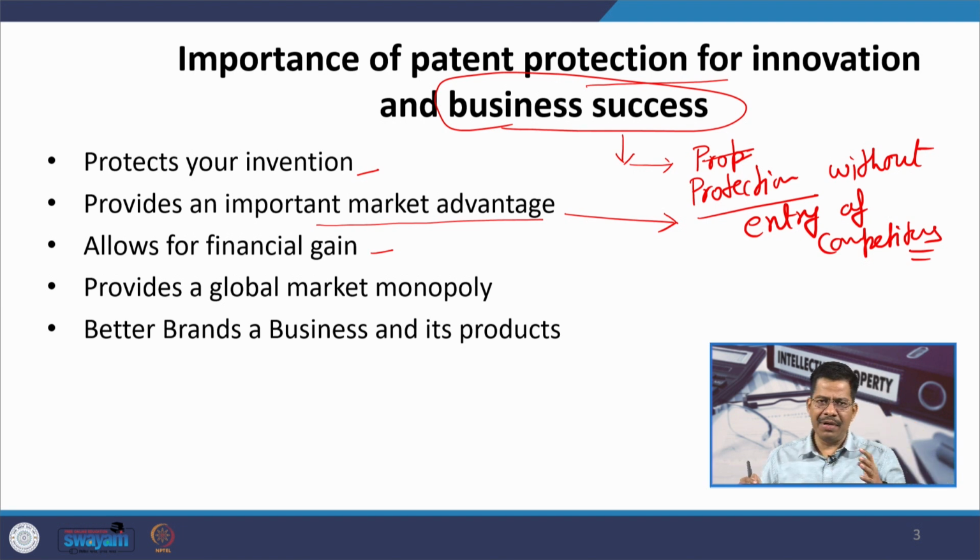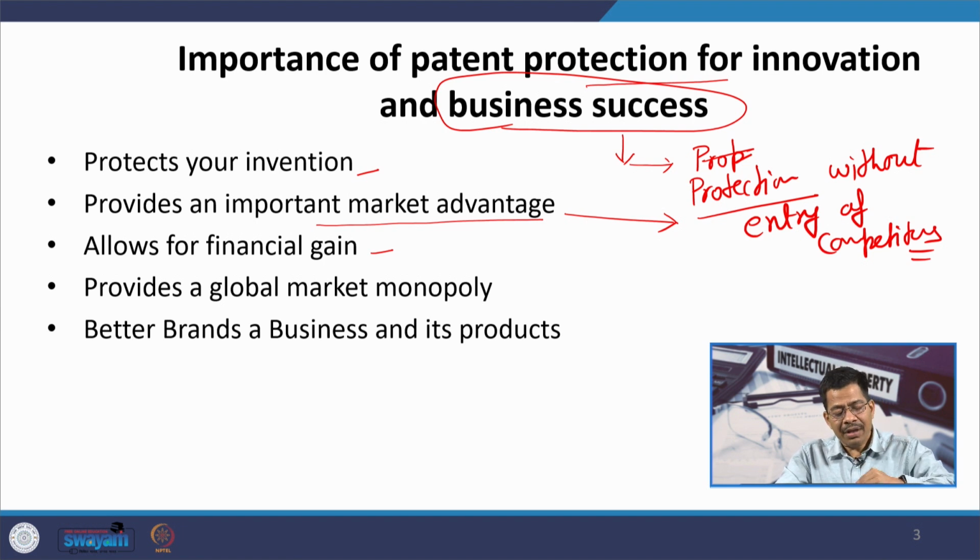Over a period of time, it is also true that technology is protected for 20 years, but technology changes very fast also. These days we all know how fast technology is changing, how fast product life is also changing, and as a result of faster change in technology and faster change in product, you have a very short period to take benefit of your research.